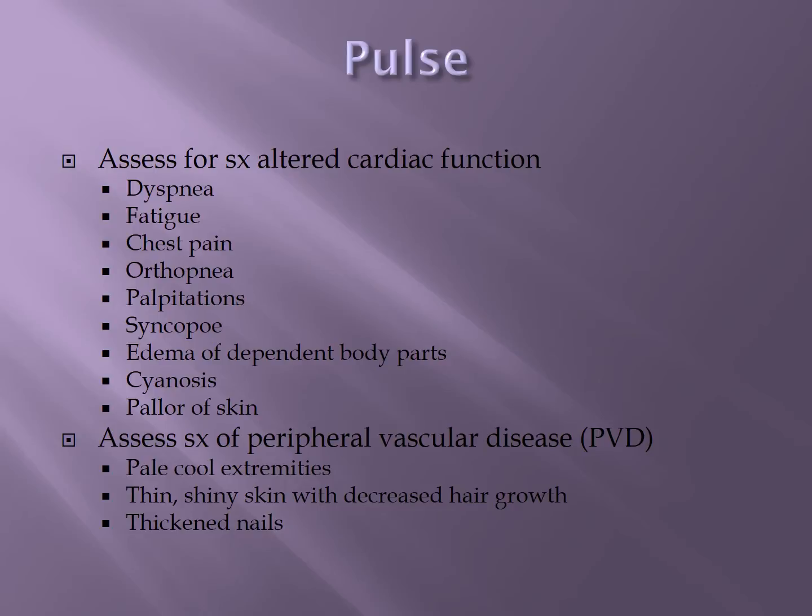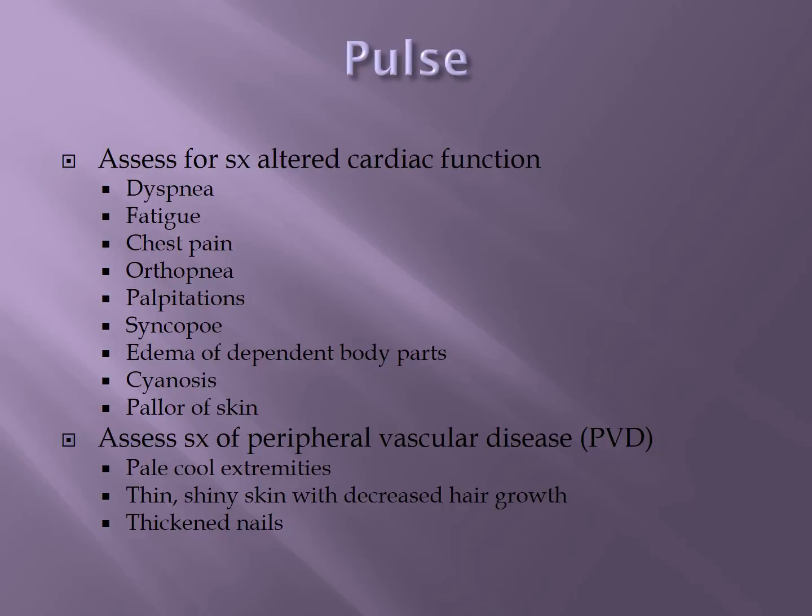Cyanosis, we already know, is a bad thing. And then pallor of the skin. Peripheral vascular disease, we've talked about before, and oftentimes when you just look at a patient during your head-to-toe assessment and you see that their legs are pale in color, that their skin is very, very shiny, and that they have no hair whatsoever on those legs, you pretty much know that this patient has peripheral vascular disease.